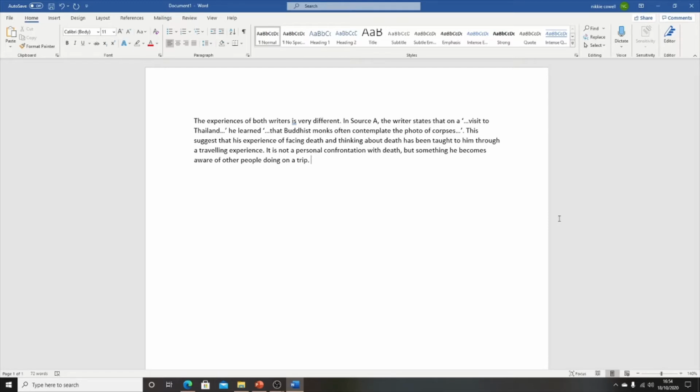So now I want to make that comparison to source B. So I'm going to say, however, in source B, the writer states there the sentence of death was read to all of us.